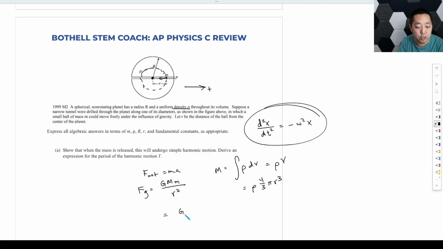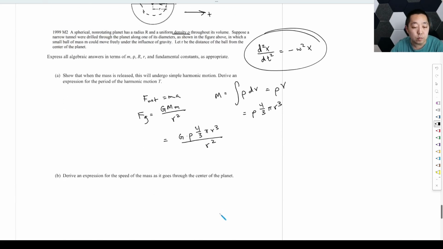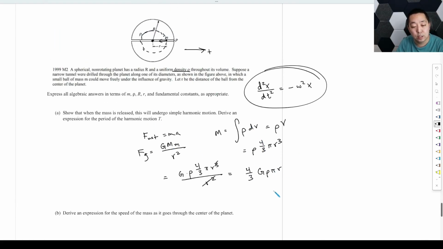So it's going to be G times rho 4/3 pi r cubed over r squared. That's going to cancel and become r. And so that is 4/3 G rho pi r. When we do F net equals ma, this is a negative force because it's pointing to the left. So it's negative 4/3 G rho pi r.